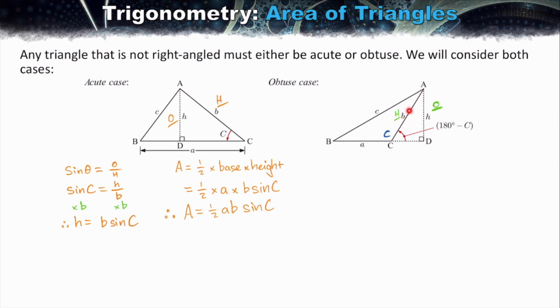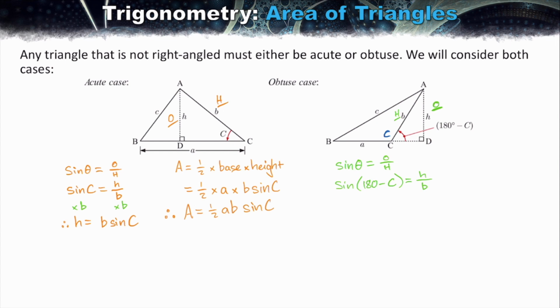As long as we know that side length there, we can use the sine ratio, sine theta equals opposite over hypotenuse, except this time, it's the sine of 180 degrees minus whatever our reference angle is, equal to the opposite, which is the height, divided by b, the hypotenuse of the triangle.